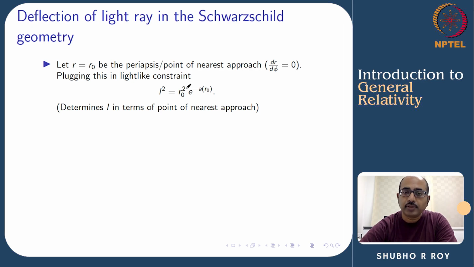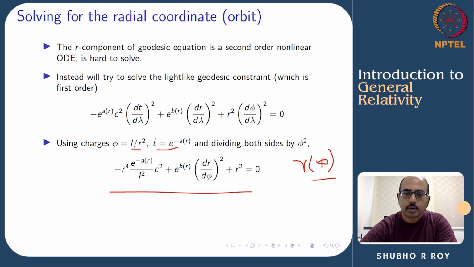And if we plug this into the Lightlike constraint, this term will be 0, and what we will get is L in terms of values of things at r0. Okay, L as a function of r0.